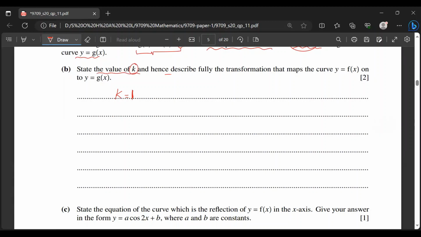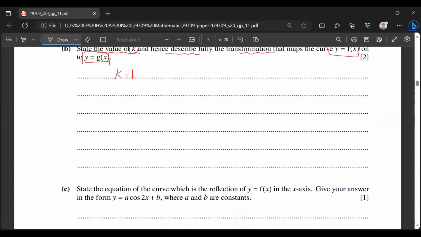State the value of k, and hence describe fully the transformation that maps f(x) to this new function g(x). So I can use the term translation.